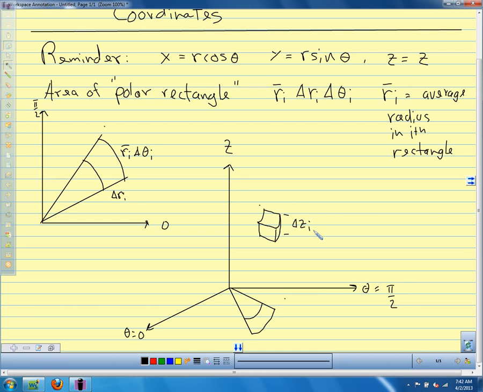And the volume of this little box, and this is our radius projected out, the volume of this little box, delta V sub i, is just the area of the base times the height. So it's just going to be our average radius in the ith interval, times delta z sub i, that's our height, times delta r sub i, delta theta sub i.